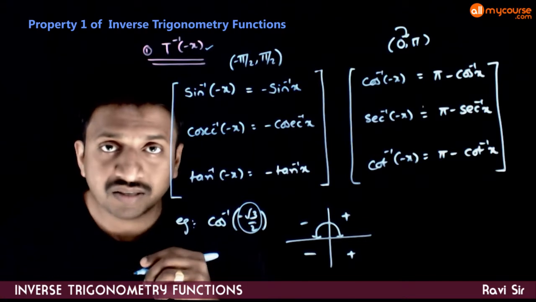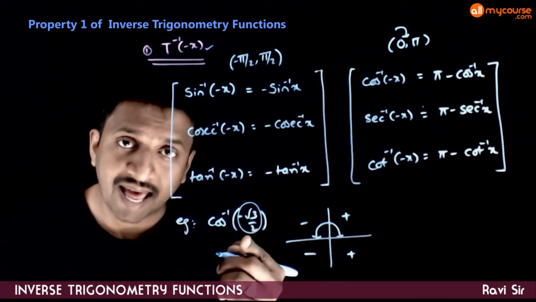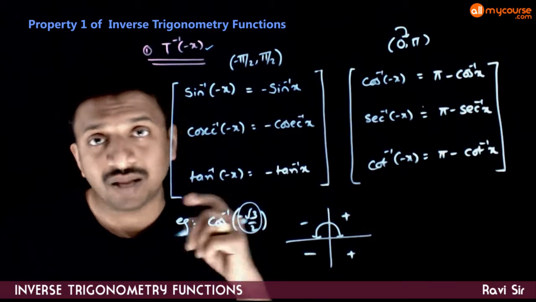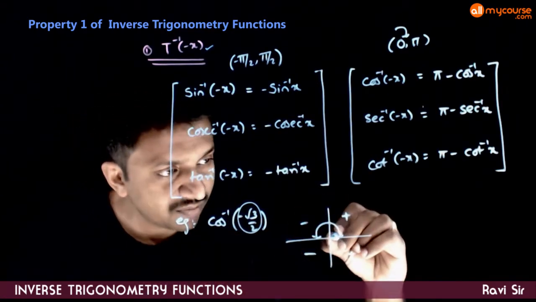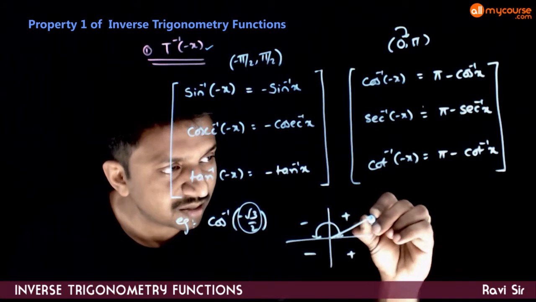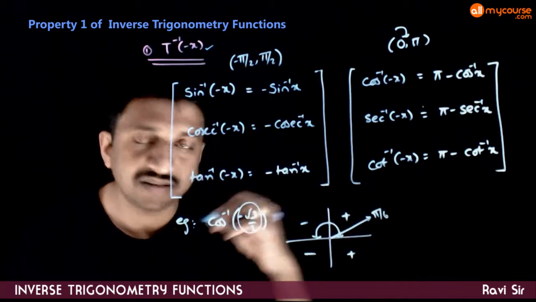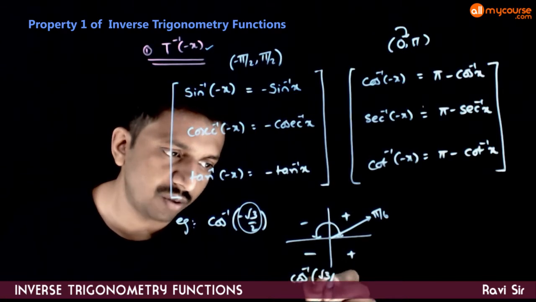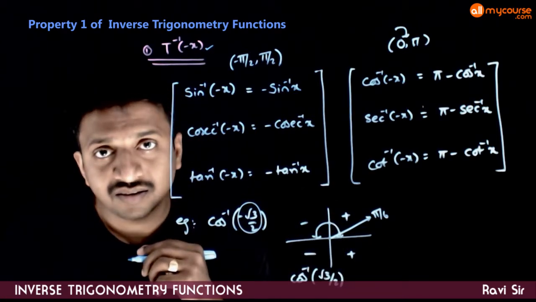So first what we do is we find an angle in the first quadrant corresponding to cos inverse of plus root 3 by 2. So cos inverse of plus root 3 by 2 is pi by 6.